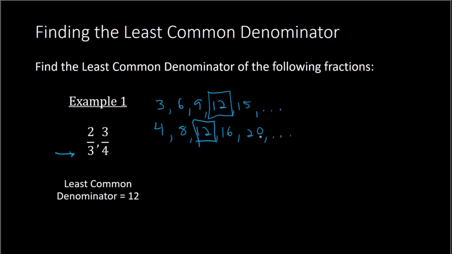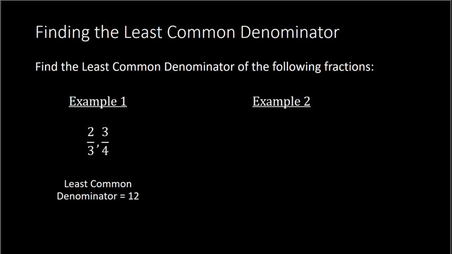All right, so then in the following slides, we'll use that least common denominator to rename each of these fractions, and then we'll add or subtract as needed. For example 2, we have the fractions 5/12 and 3/9. And we are to find the least common denominator of 12 and 9. So we find the least common multiple of 12 and 9.